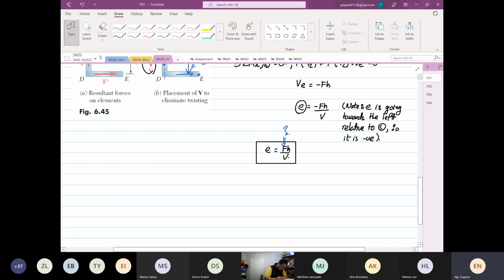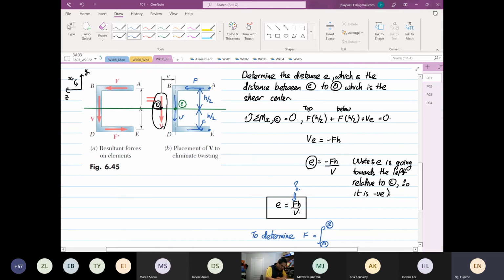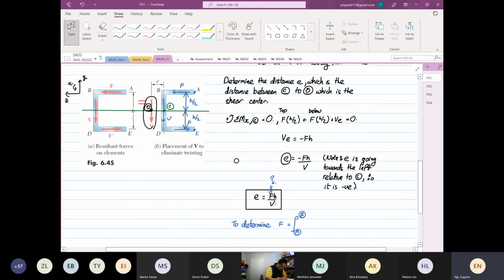To determine F between two points, let's say between point A to point B. This is our point A. This is our point B. This is determined by using two forms. You can use a shear flow Q multiplied by ds.